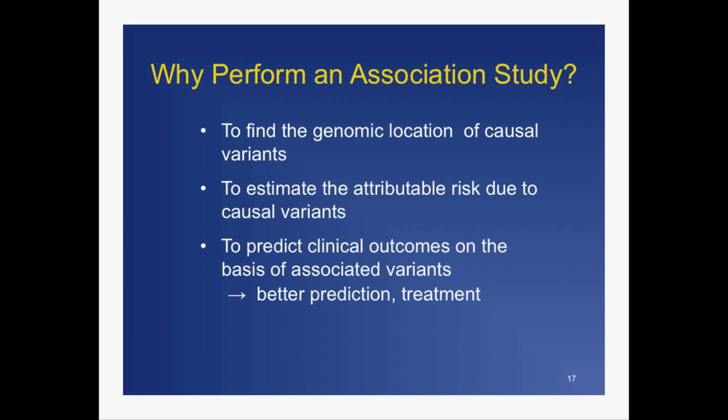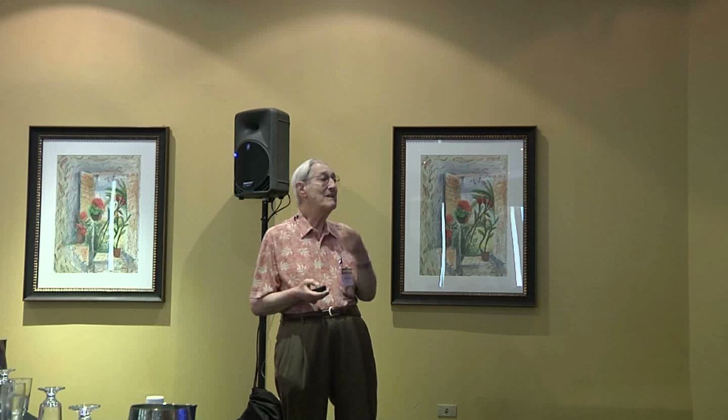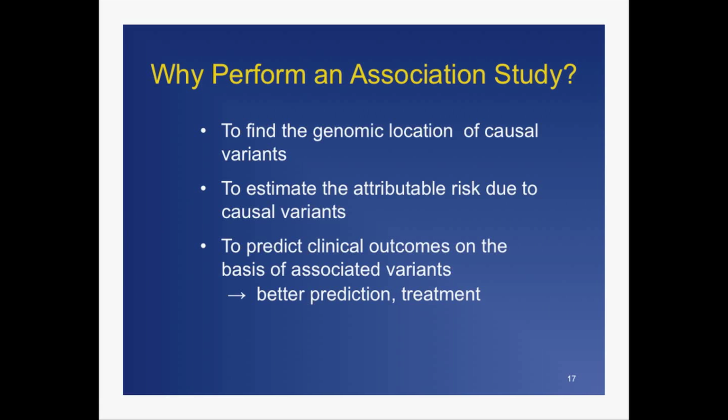So why do you perform this association study? And if you don't know why you're performing it, perhaps you shouldn't perform it. Maybe you want to find the genomic location of causal variants. That's one possible reason. Another is to estimate the attributable risk due to the causal variants. That's a completely different reason. Or you want to predict clinical outcomes from the associated variants, get better prediction, better treatment.